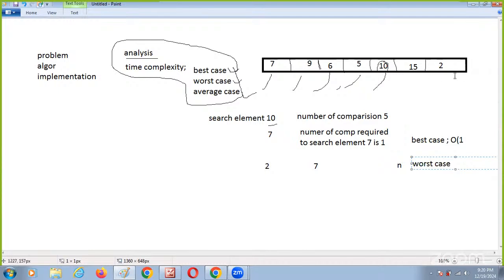If the element I want to find is at the last position, how many comparisons are required in the worst case? Can anyone tell me the time complexity of the worst case? In general, if n elements are present, then it is order of n.